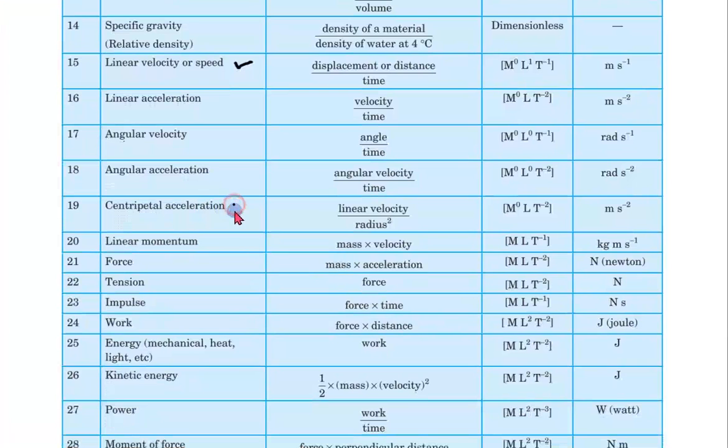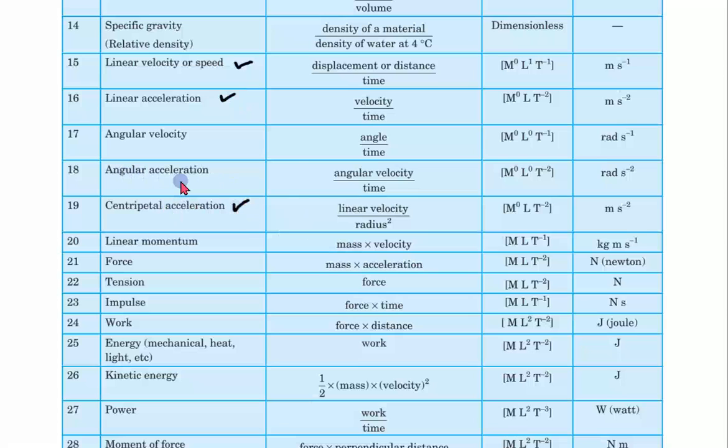Force. Centripetal force, gravitational force, electrical force, magnetic force, which may be any type of force, will always be the same. Similarly, linear or centripetal or circular or angular, all are the same.